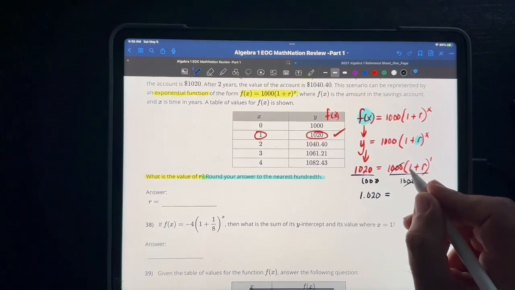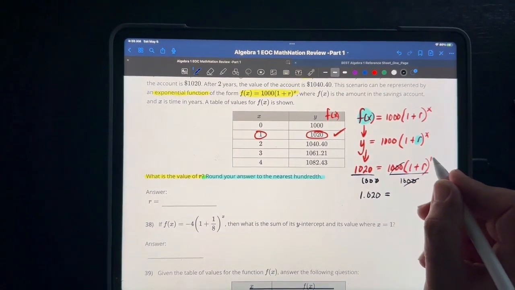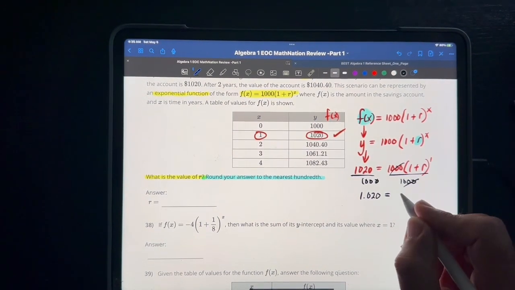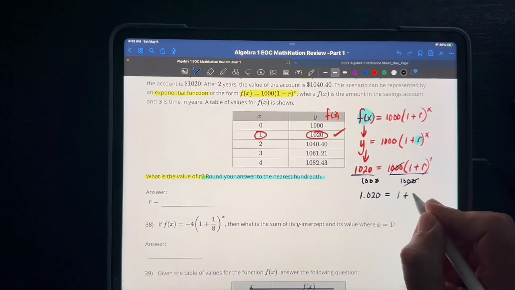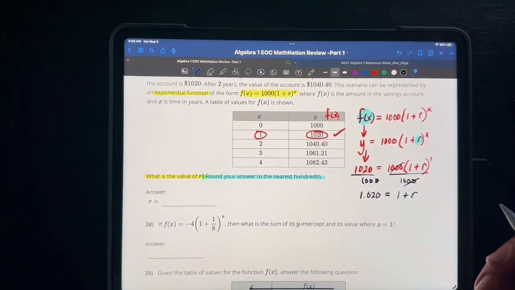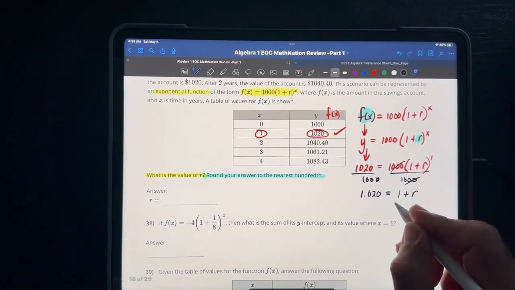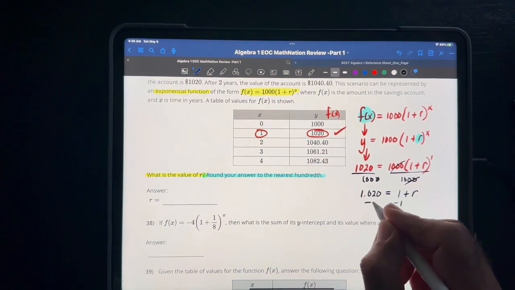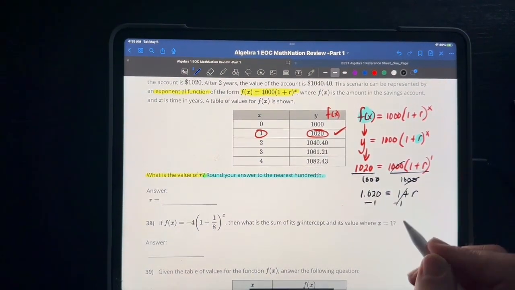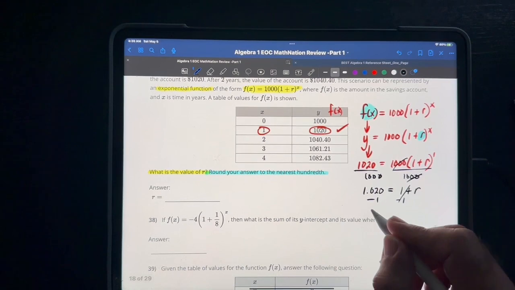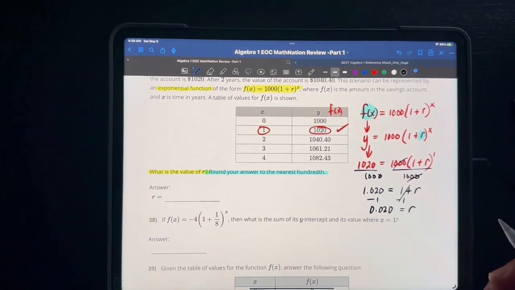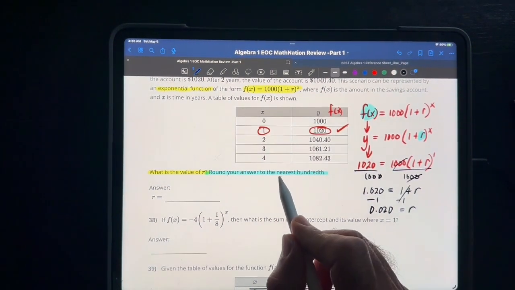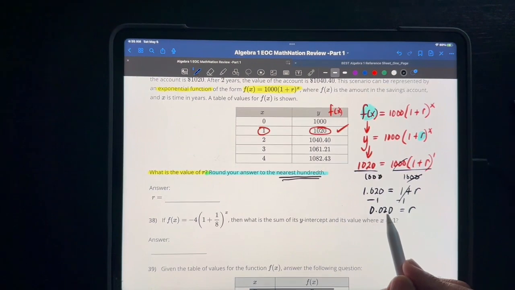And then I have 1 plus R to the first power, which is just 1 plus R. So I'm going to just put 1 plus R. I don't need the parentheses. And then I'm just going to subtract 1 from both sides. When you subtract 1, you're going to get 0.020 equals R. Okay?